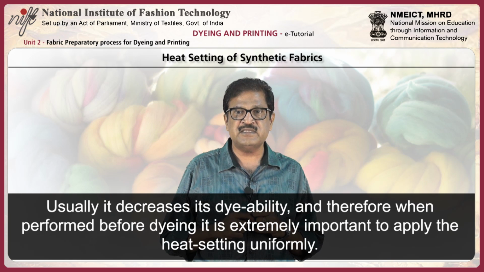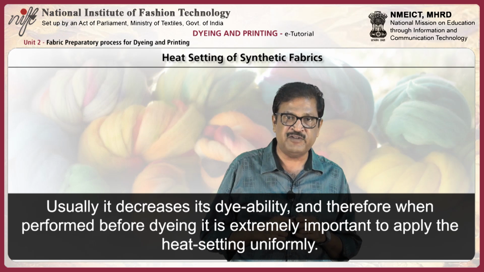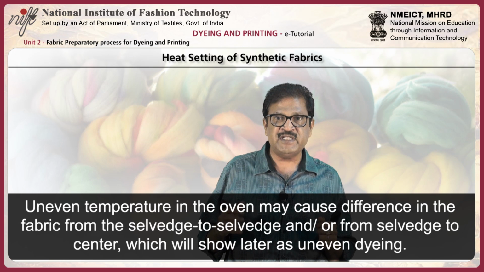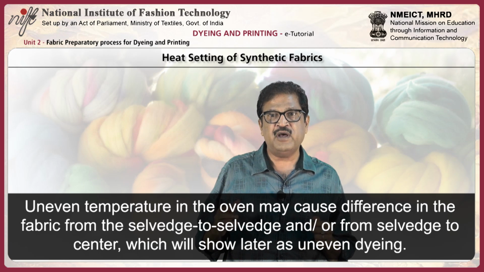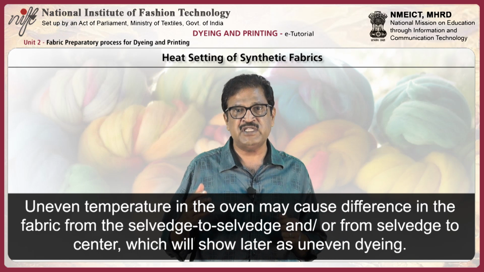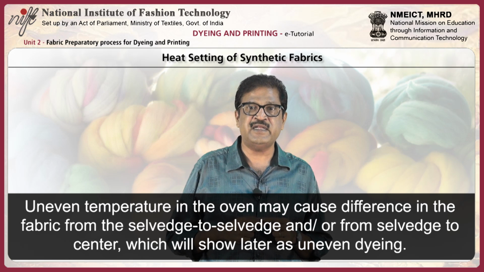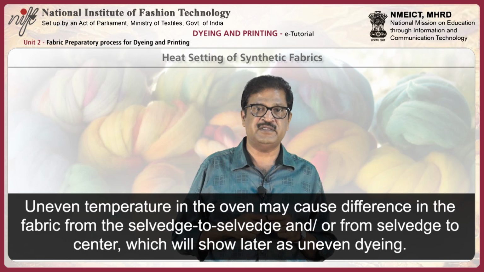Usually it decreases its dyeability, and therefore when performed before dyeing, it is extremely important to apply heat setting uniformly. Uneven temperature in the oven may cause differences in the fabric from selvage to selvage and from selvage to center, which will show later as uneven dyeing.